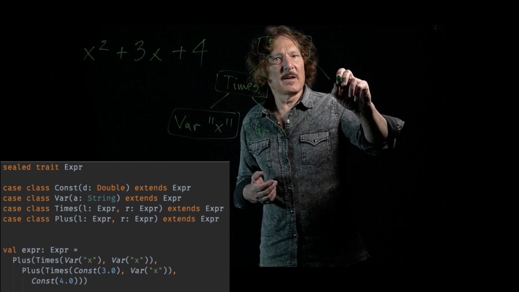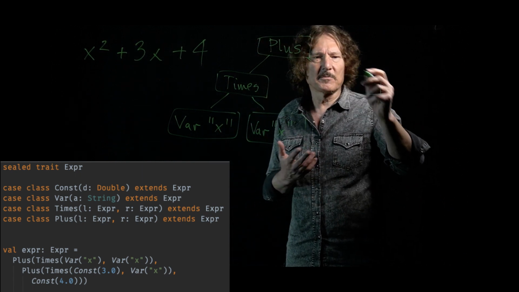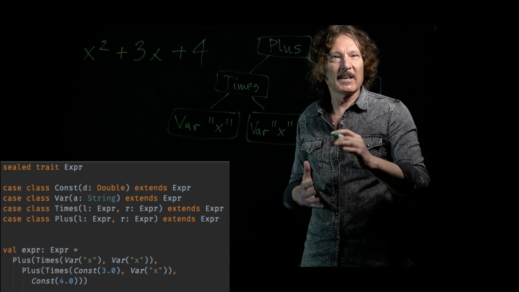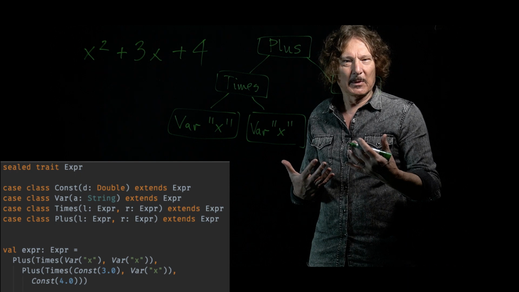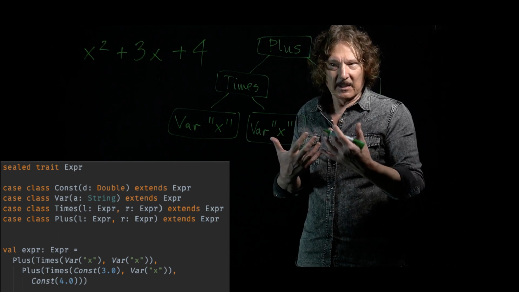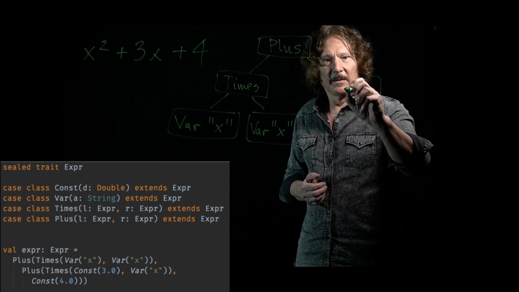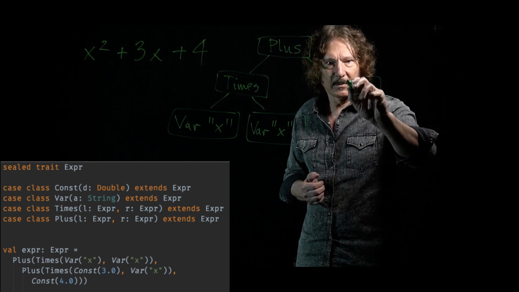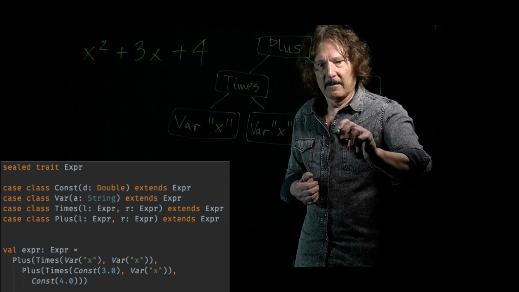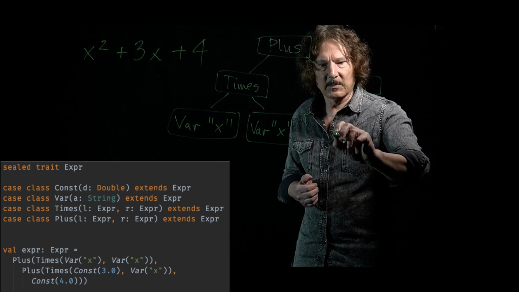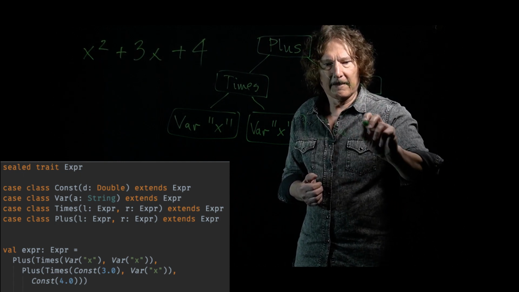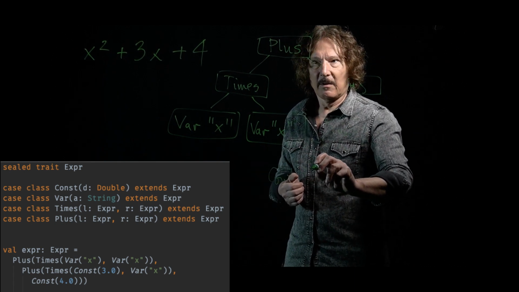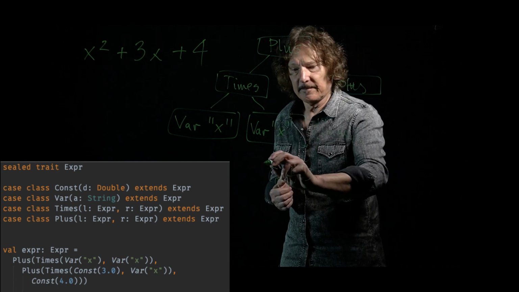So this kind of writing, the drawing of the stuff in a two-dimensional way, is much more readable to us humans than writing code. So this is a very nice exercise. This is plus, and we have times. We have const 3.